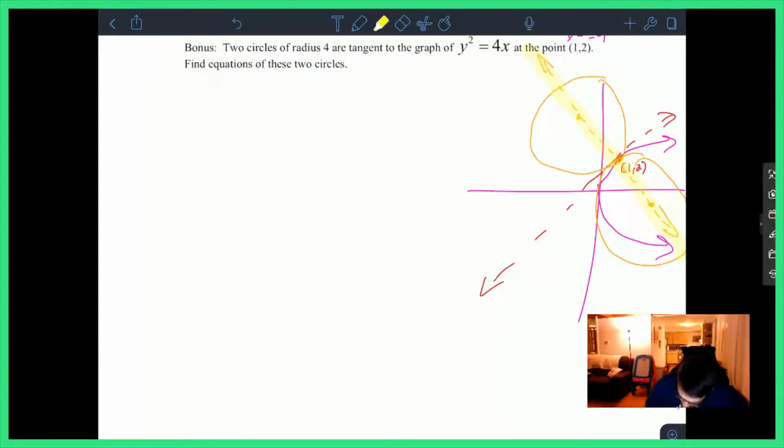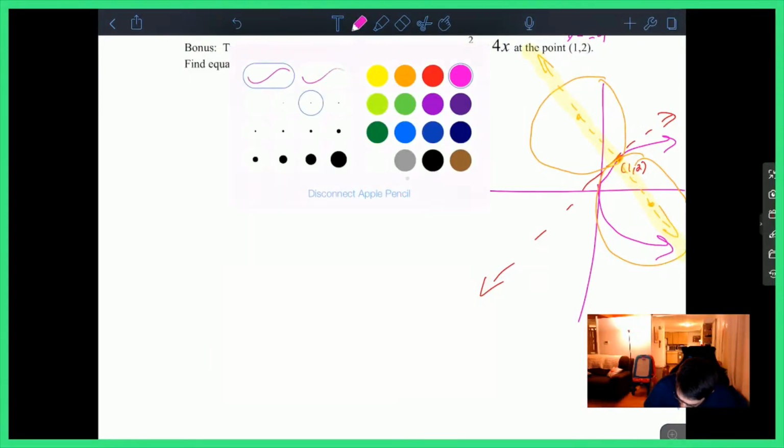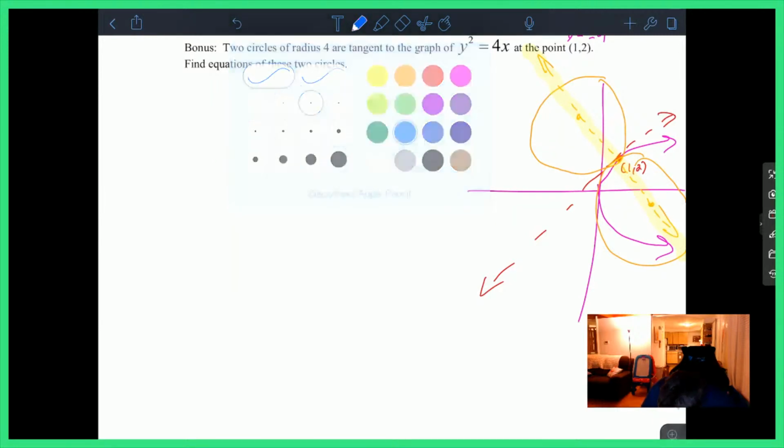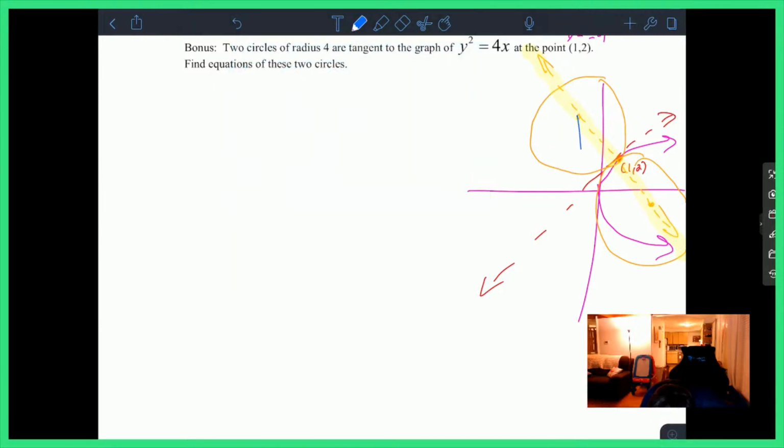And so I know actually I could draw a couple of triangles. We'll do it in a nice blue. Draw triangles like this, where the radius of the circle is 4, and this is a right angle. And this is actually going to be a 45, 45, 90 triangle, because the theorem we learned in geometry about the perpendicular radius and tangent theorem means that this is a 90-degree angle right here.